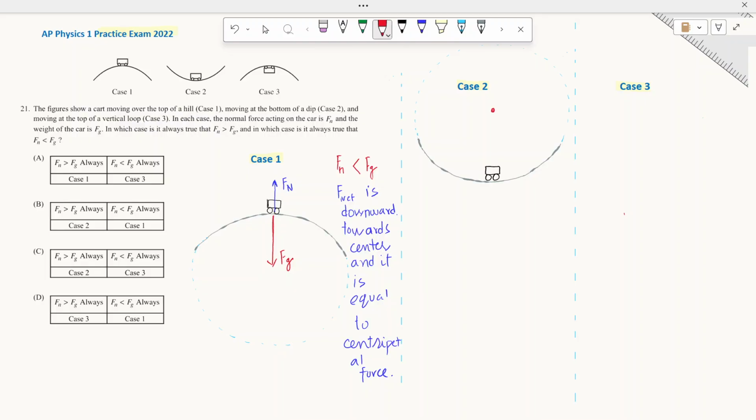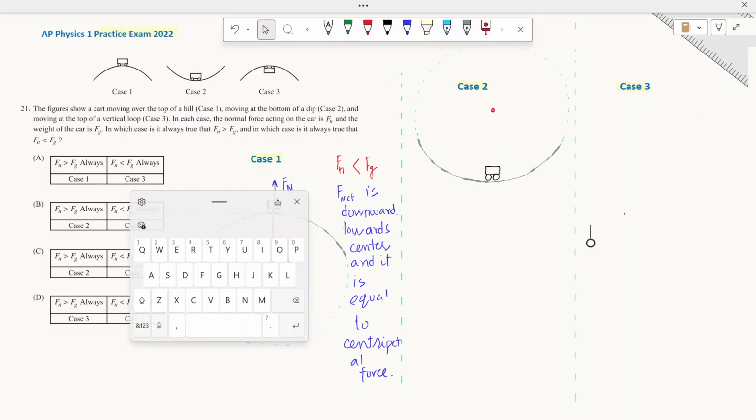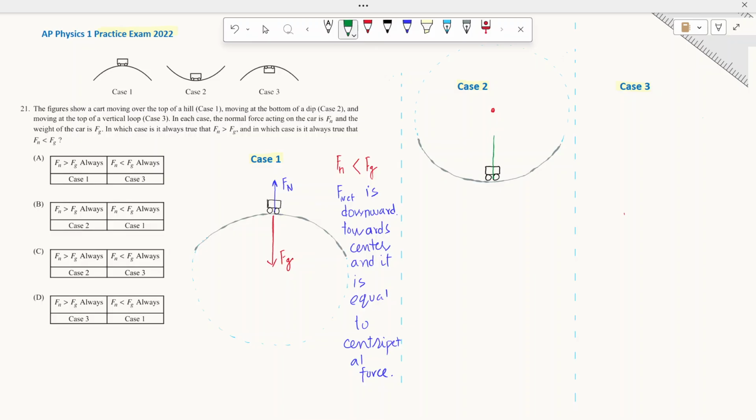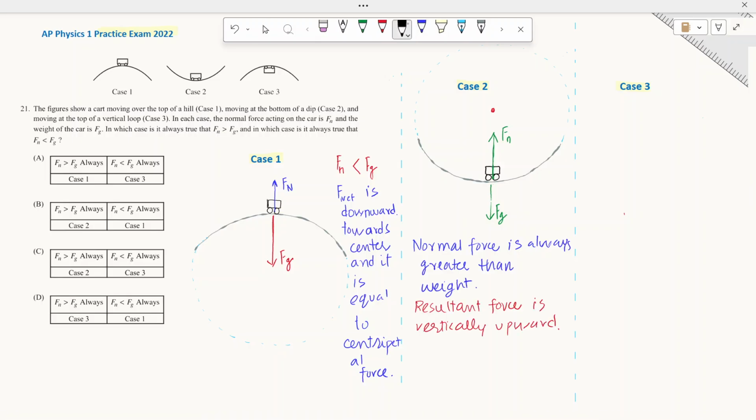The resultant force must be towards the center in order to execute this circular motion, which means that the normal force exerted on it must be always greater than the force of gravity, always larger than the weight. So we conclude that the normal force is always more than the force of gravity.